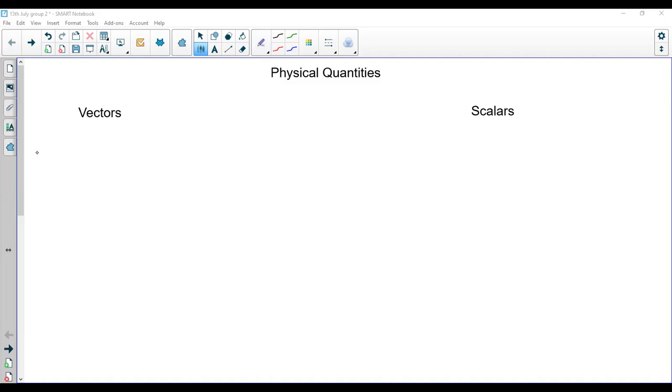So magnitude plus direction, then those are vectors. And if we have only the magnitude, then it's a scalar.